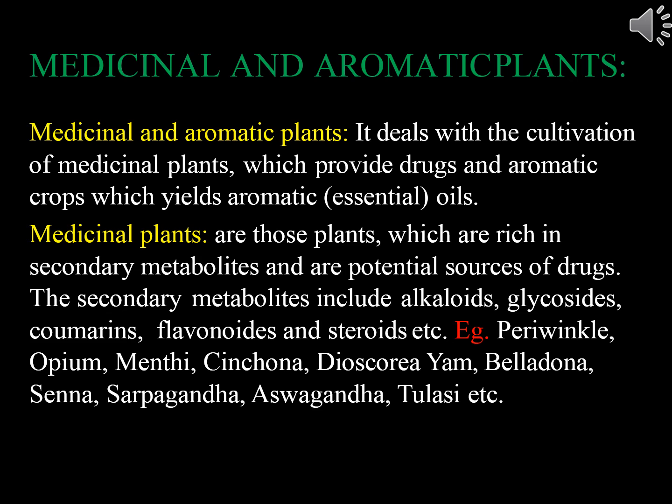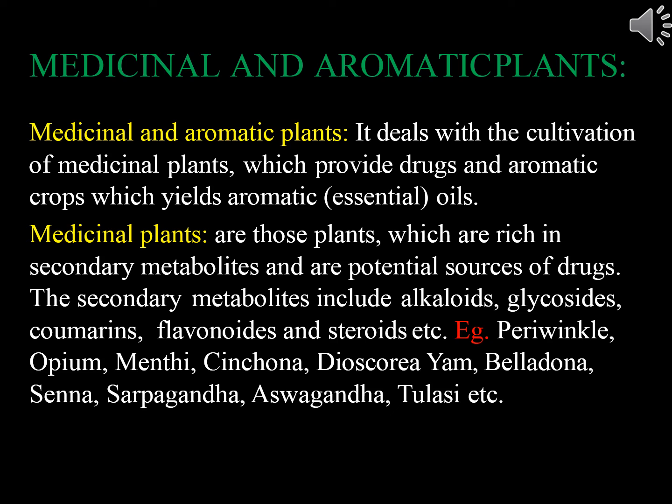Medicinal and aromatic plants. This branch deals with the cultivation of medicinal plants which provide drugs and aromatic crops which yield aromatic essential oils. Medicinal plants are those plants which are rich in secondary metabolites and are potential sources of drugs.